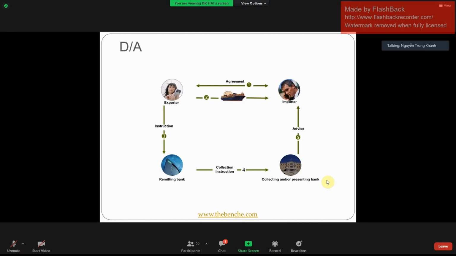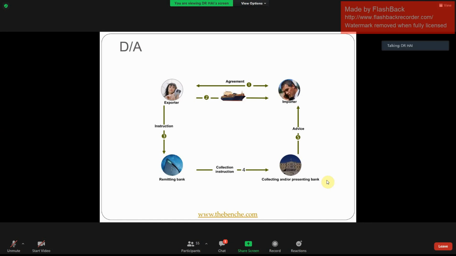If step 5 is missing, so the importer. Sorry, not missing. Stop at. Yes. Okay. If we stop at step 5, the importer might face the risk because they don't have any documents to collect the goods. Yes, that's what I think.